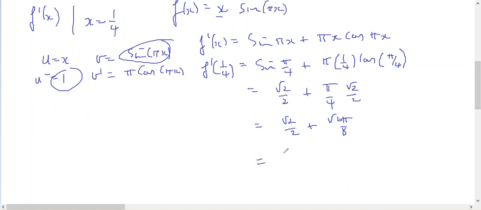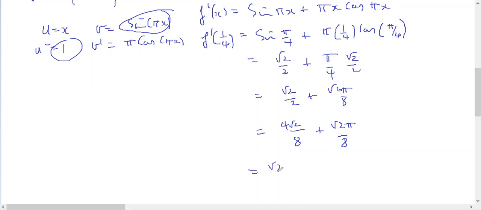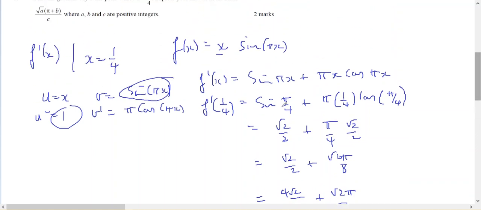So all on 8, so 4 root 2 on 8 plus root 2 pi on 8. Take out the root 2 as a common factor: root 2 times (4 plus pi), all on top of 8. And I think that that will be the same as this form here.